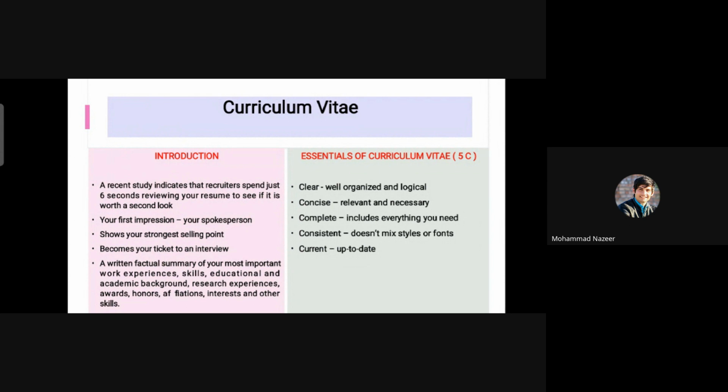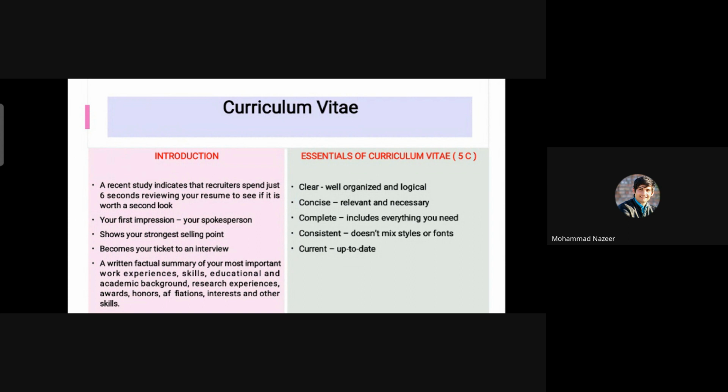You do not have to give ancestral details. You do not have to tell your father's name or your father's occupation. Nothing like that is required. It's all about you. Your address should be very clear, and your email should be there. These are very much required.